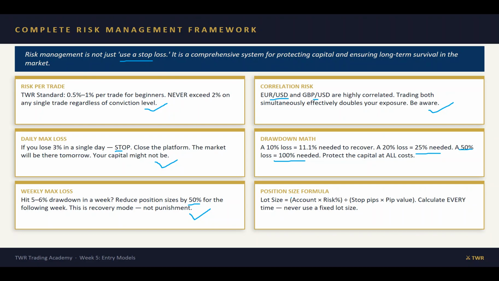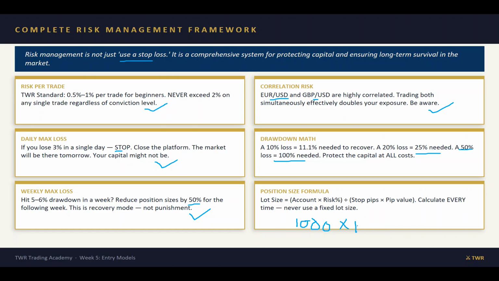Position sizing formula. The lot size that you're supposed to use is determined by your account size. Let's say you're trading a $1,000 account. Small farmer, yeah? You want to risk 1%.